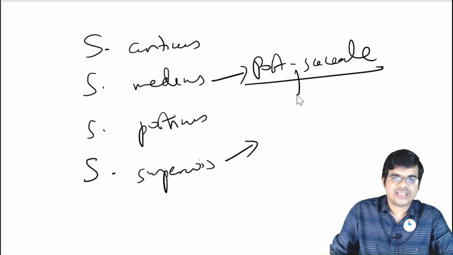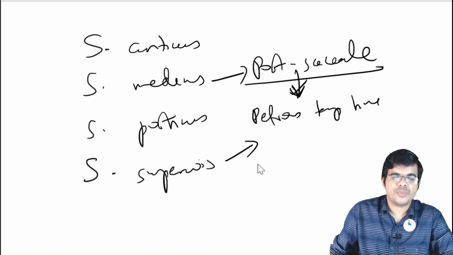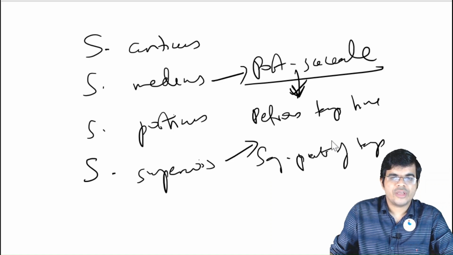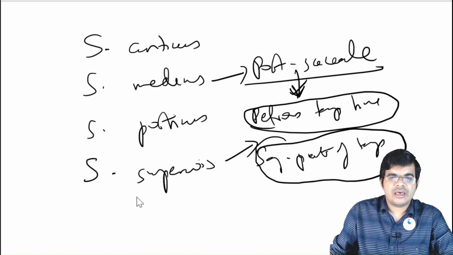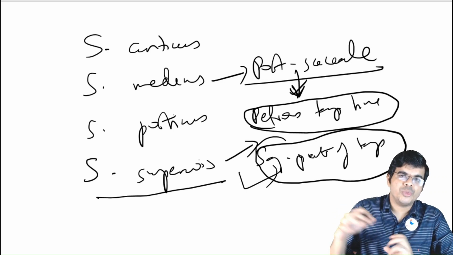This posterior saccule contributes to formation of the petrous temporal bone, and this saccus superior forms the squamous part of the temporal bone. So the pneumatization within the petrous part is developing from the posterior saccule of the saccus medius, and the saccus superior forms the squamous part's pneumatization.